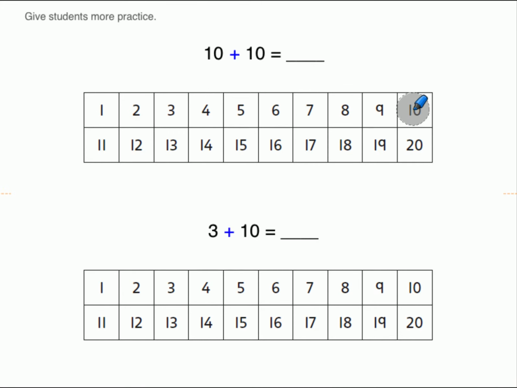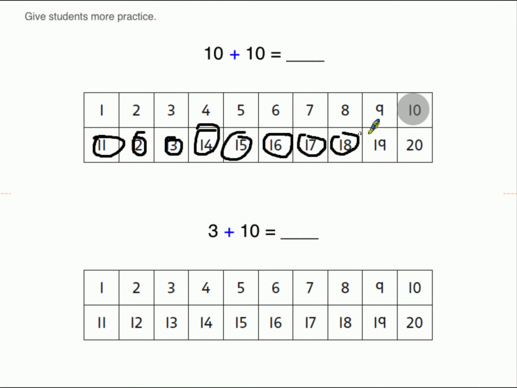So 10 plus 10 more. 1, 2, 3, 4, 5, 6, 7, 8, 9, 10. It is right underneath. 10 plus 10 is 20. Here's 3. What's right underneath, grade 1? 13.